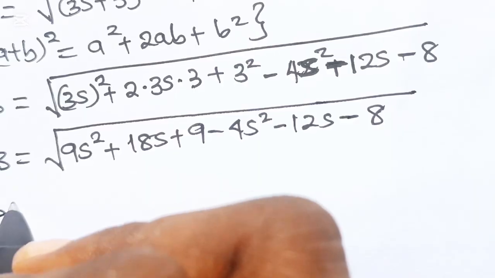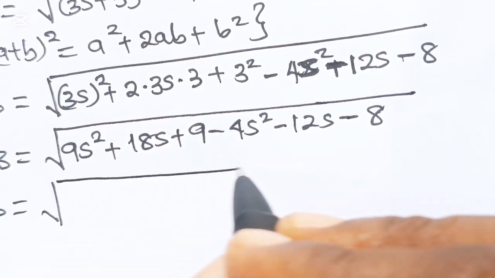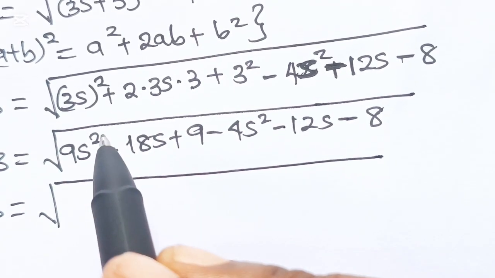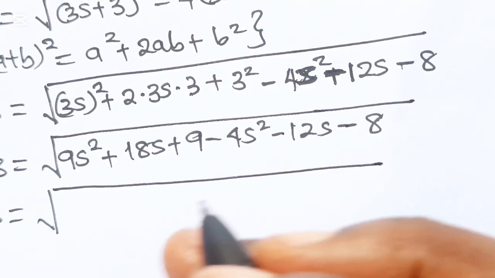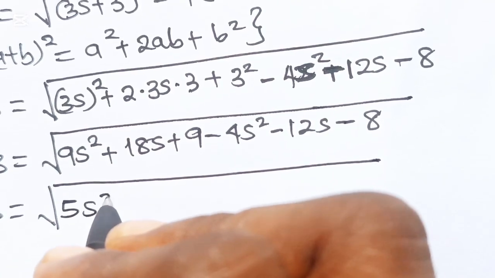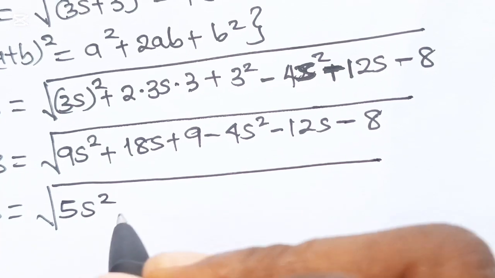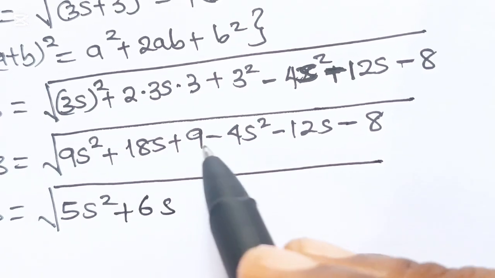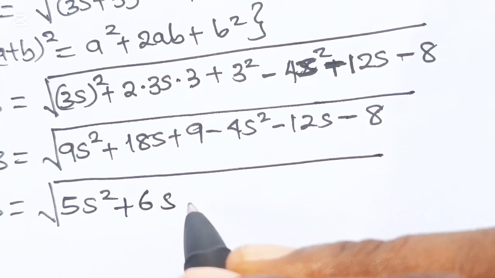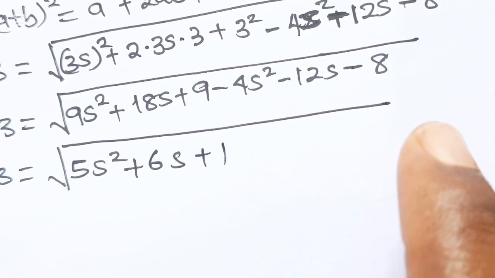So s plus 3 is equal to the square root. 9s squared minus 4s squared will give us 5s squared. 18s minus 12s will give us plus 6s. 9 minus 8 will give us plus 1.